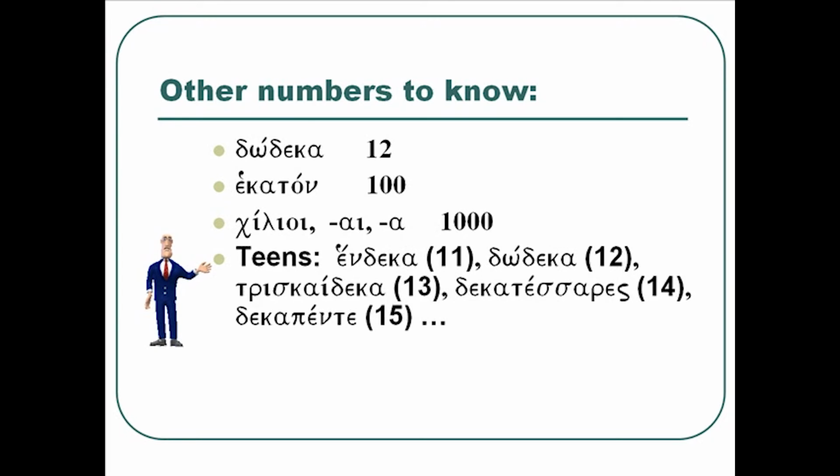Triskaideca, and here you see tris, 3, kai, and deca, 10, becomes 13. Decatesseres is deca, 10, plus tesseres, 4. And decapenta is deca plus penta, 10 plus 5 is 15, and then it goes up from there.